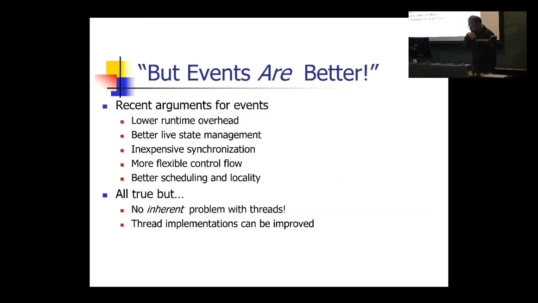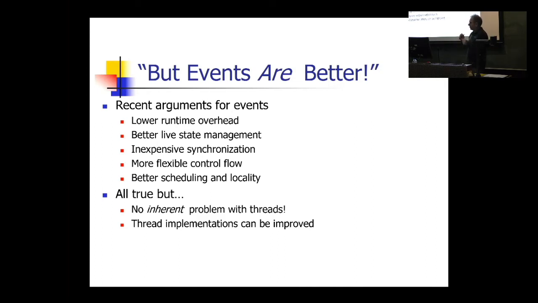Okay, so at the time everyone was arguing, because one of the research areas was basically building event-based web servers, that events had lower runtime overhead because there's no synchronization, better live state management, and what I mean by that is that they only have a single stack, so they don't leave stacks lying around containing state that's needed in the future when things are suspended. Okay, they're more compact, use less memory.